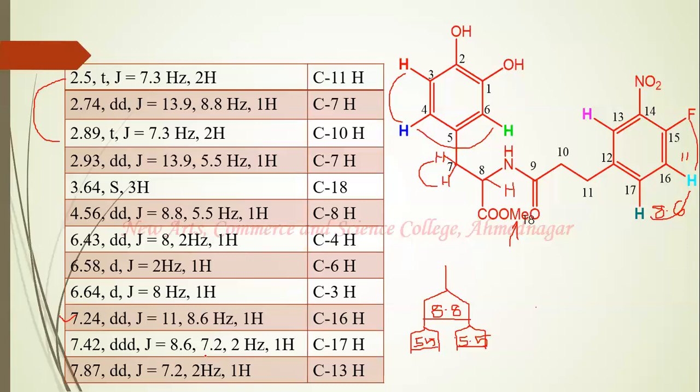And the next coupling constant value is because the C17 proton couples with fluorine by meta coupling. So J meta between the H17 and C15 fluorine will have a comparatively large value.